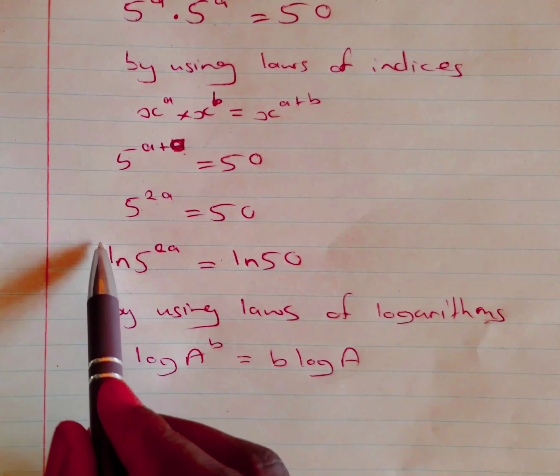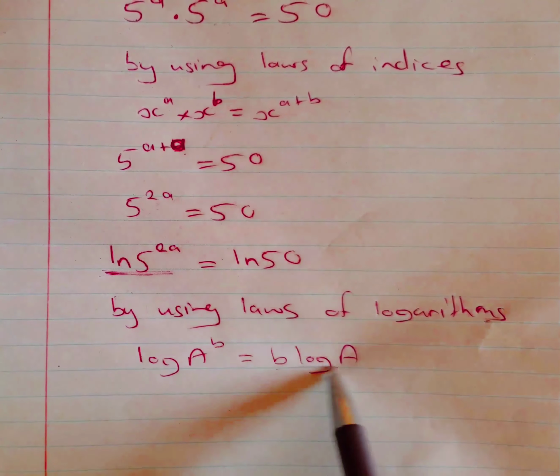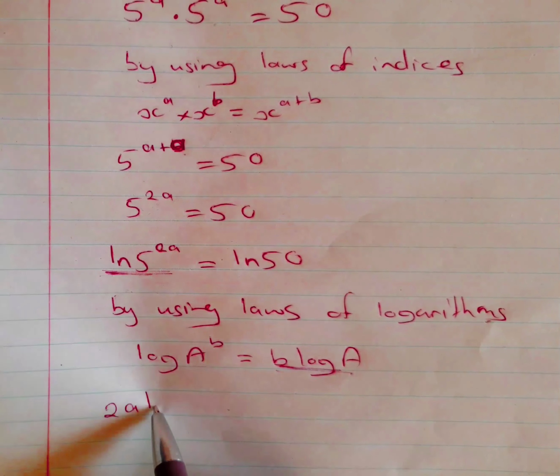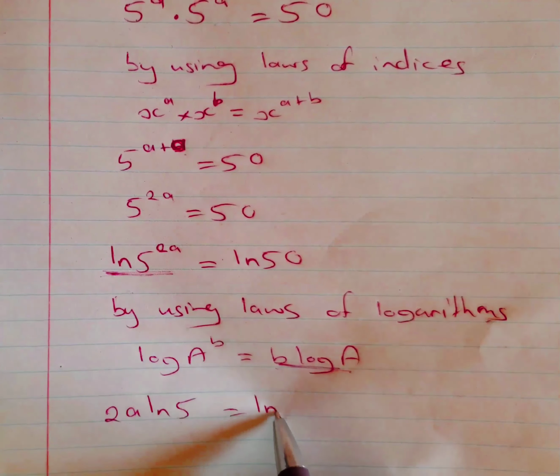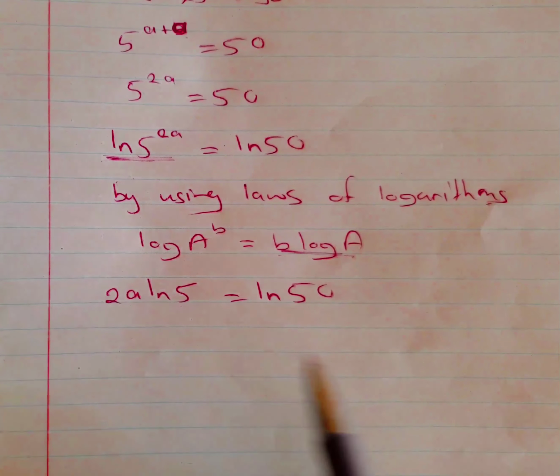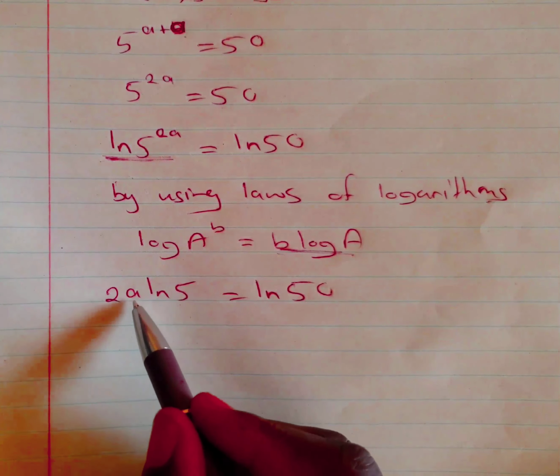So we want to express that ln 5 to the 2a in the form b log a, right? Then we have 2a ln 5 is equal to ln 50.